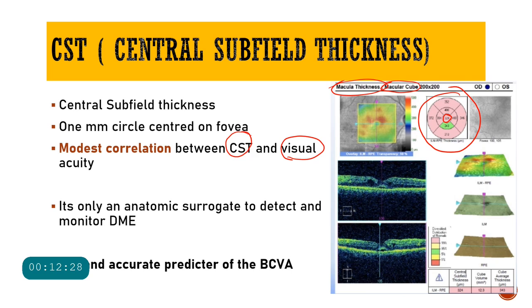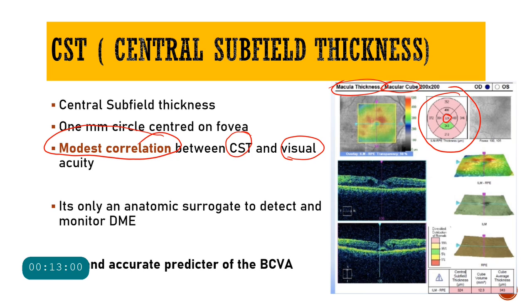So it is only an anatomical surrogate to detect and monitor DME, and it is not a very accurate predictor for the best corrected visual acuity that the person will receive after treatment. One point I want you to remember about CST is that it has only modest correlation, not a very good correlation, because for example, some patients might have a very good improvement in CST after an anti-VEGF treatment, but still land up with poor visual acuity.